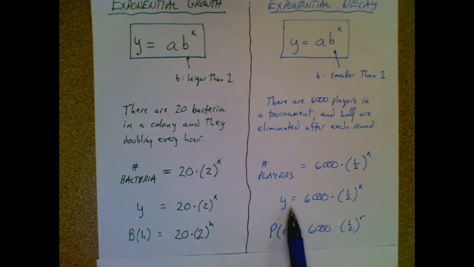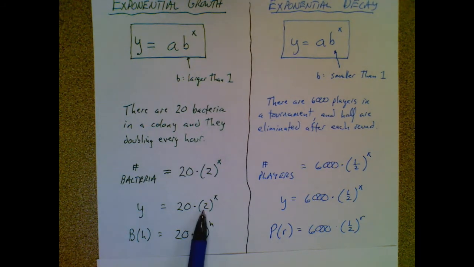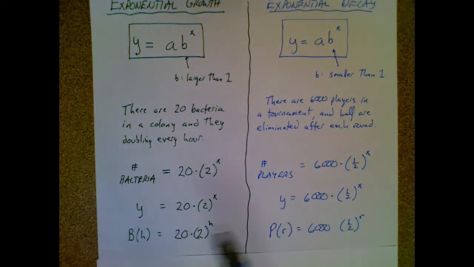I can write it this way, or this way. They're all saying the same thing. But my eyeballs look at this to tell me growth or decay, bigger than 1 growth, smaller than 1 decay. And my eyeballs look at this or this to know the starting amount.